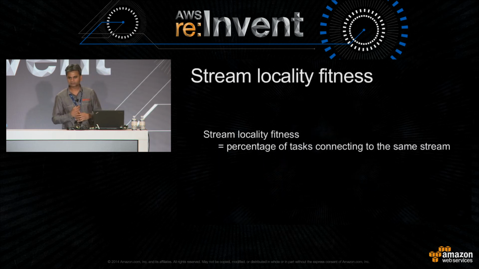Stream locality, which I talked about, can again be defined very easily in Fenzo. We define it as the percentage of tasks on that host that are already connected to the same stream. And using that, which gives me a 0 to 1 value, I can easily achieve stream locality. And sometimes you want to do more than one thing.